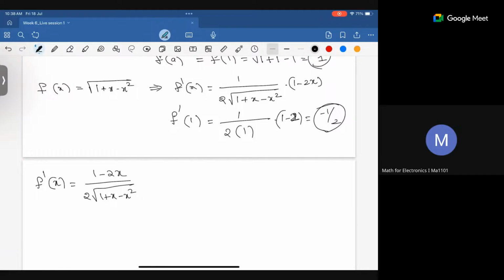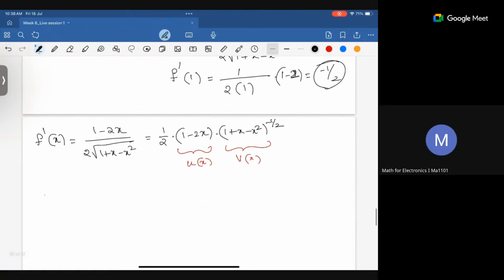Now we have two functions, right? So you can write it as half into 1 minus 2x into 1 plus x minus x square whole power minus half. Now we'll treat this as some u of x and this as some v of x.